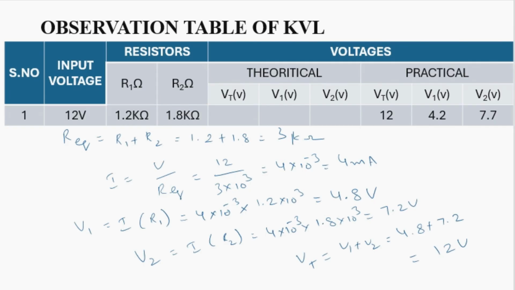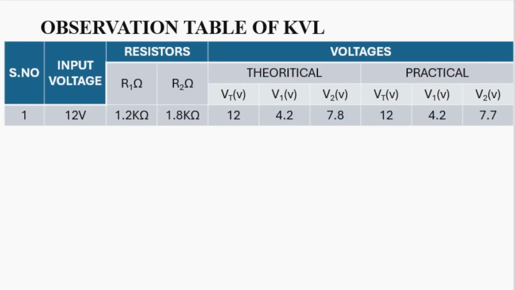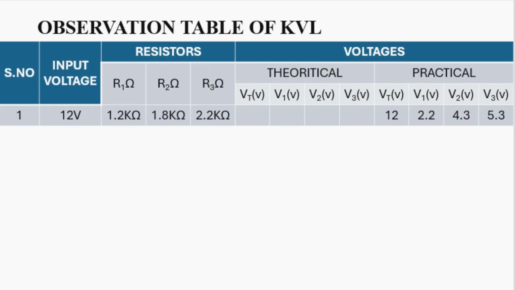Note down these values in the table. If three resistors are connected in series, then R equivalent equals R1 plus R2 plus R3.